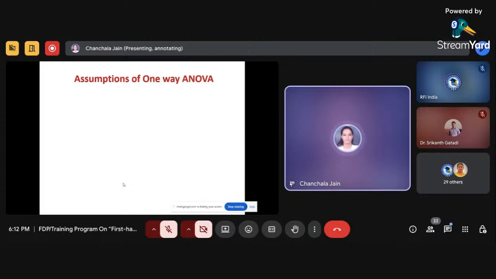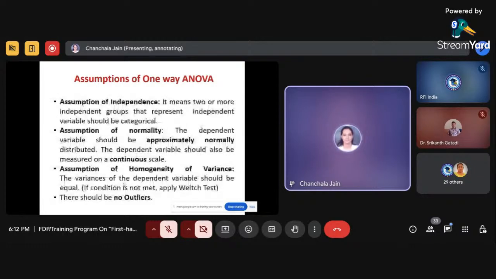Now comes the assumptions part of ANOVA. First one is the assumption of independence. That means the two or more groups should be independent. I think you can maintain independence only by taking one respondent in one group only. That means if you are collecting the data from one respondent only once, that way you can maintain this first assumption. Second is the assumption of normality.